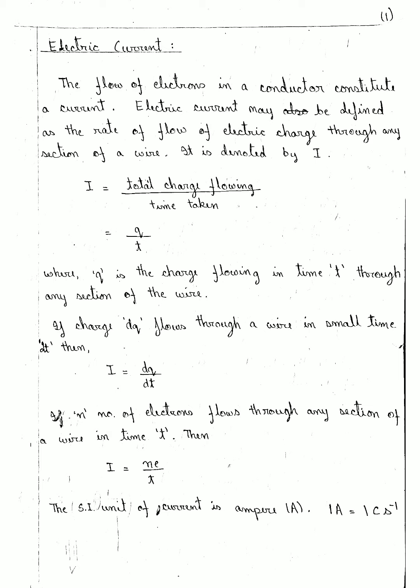Now here we can see from this formula that the current depends upon the total charge, which is the electrons. So if there are more electrons inside the conductor, the current will be more. And it also depends upon the time taken for the charges to flow through the section of the wire.